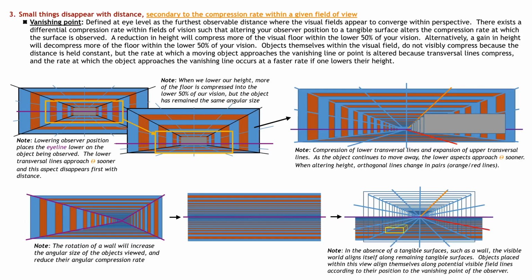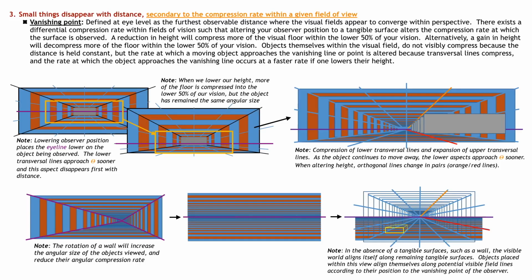So if I lower my height down to the floor, the horizon line is still at the midpoint of vision, but the rate at which an object approaches that line is fairly quick because that line is now closer to the observer. So we will show some examples of how that works within the concept.